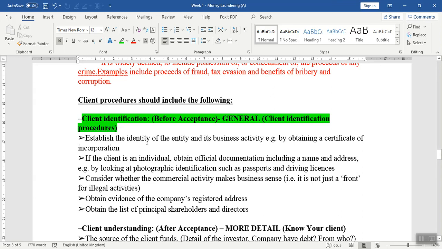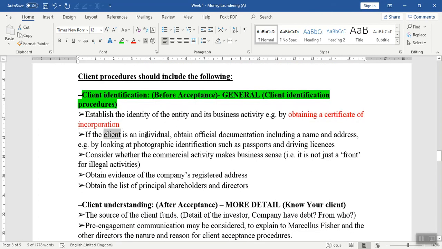Establish the identity of the entity in business activity, like I told you just now. Obtain the certificate of incorporation if it's a business, if it's an entity. If the client is an individual, I also told you just now, what do you get? You get their passport, official documentation, driving license, and you identify this person. Okay, whether they are the right person, whether they are an illegal person using a fake identity.